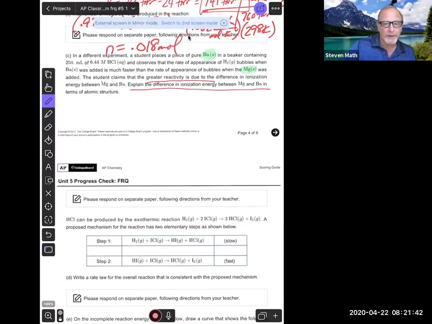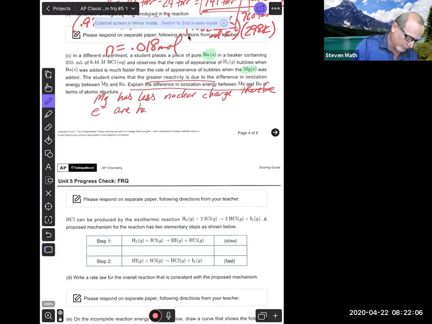This is the same answer we had in Unit 1 or Unit 2 about atomic structure. Mg has less nuclear charge. It's a fancy way of saying protons, less nuclear charge. Therefore, electrons are held less tightly.